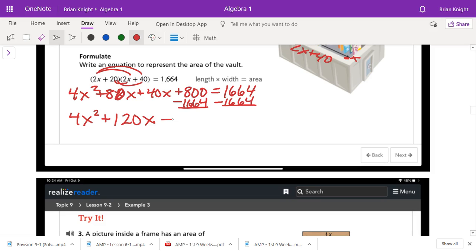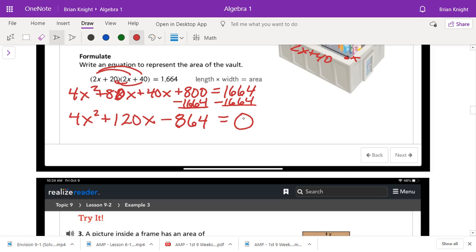Negative 364? I don't think that's right. I got negative 864. 864 sounds better. Maybe it said 8. No. Okay? Equals 0. It did say 8.